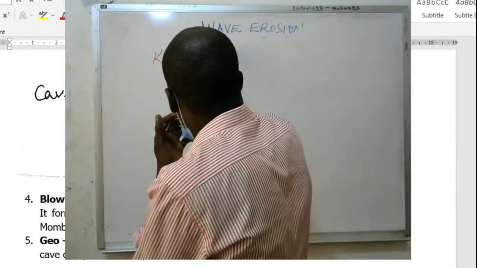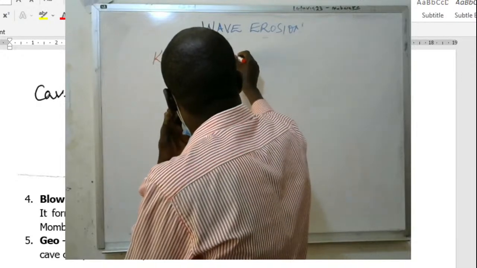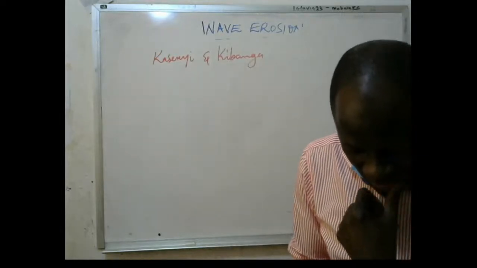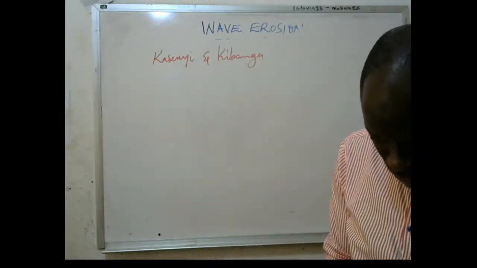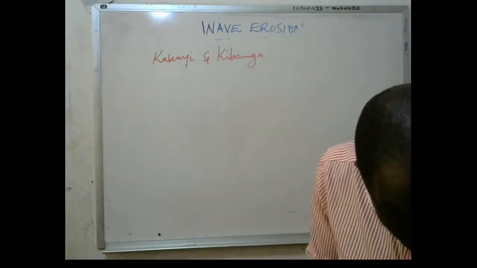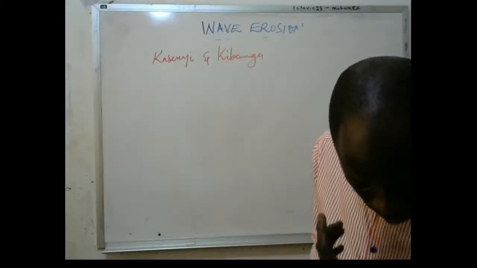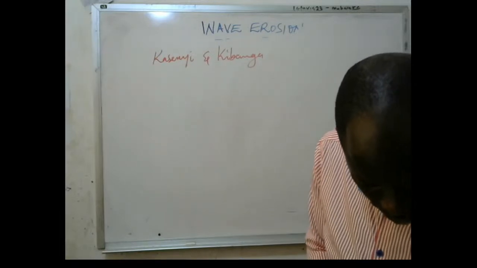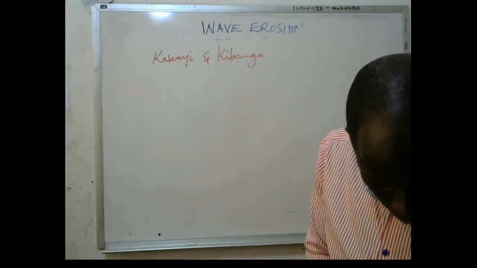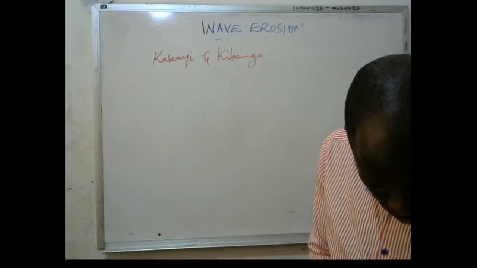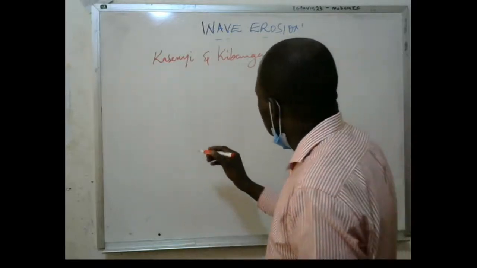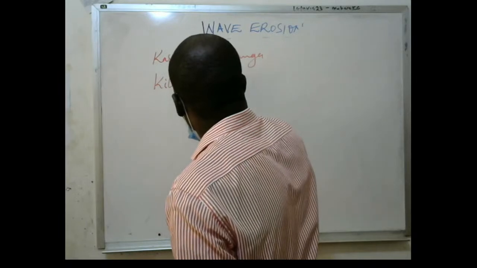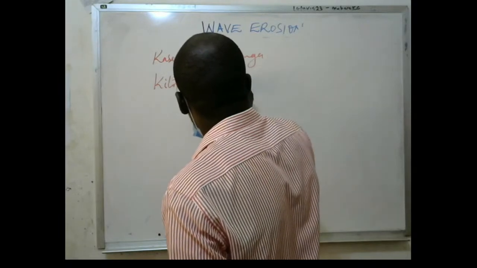Kibanga is also on the shores of Lake Victoria, I think in Mukono. So on the shores of Lake Victoria you have these tunnels that we are calling caves. We also have them along the coast of East Africa, for example, at Kilifi and Tanga.